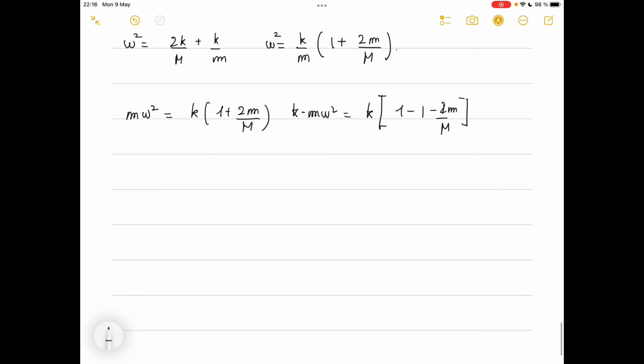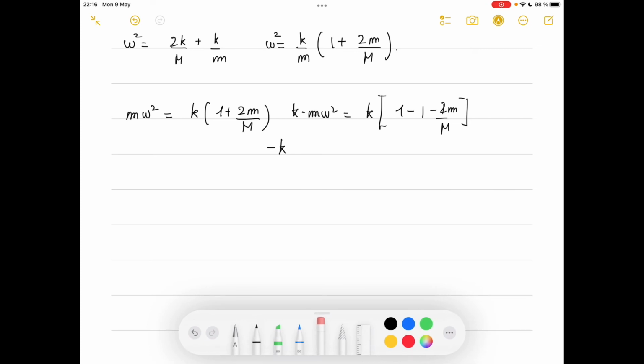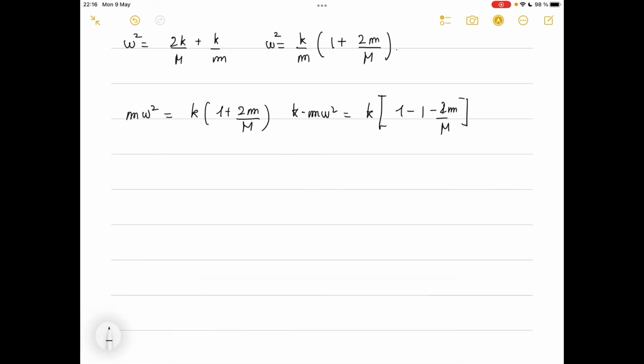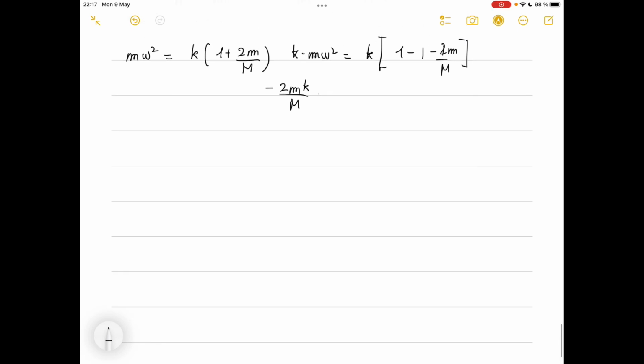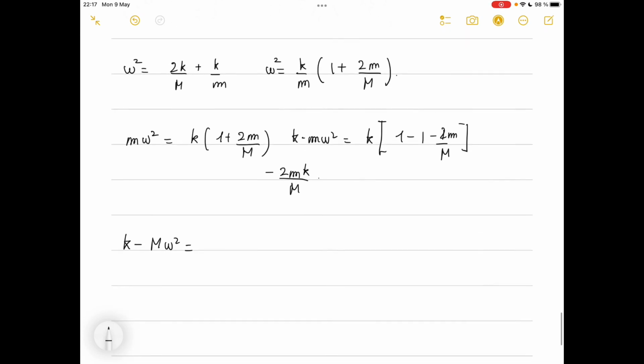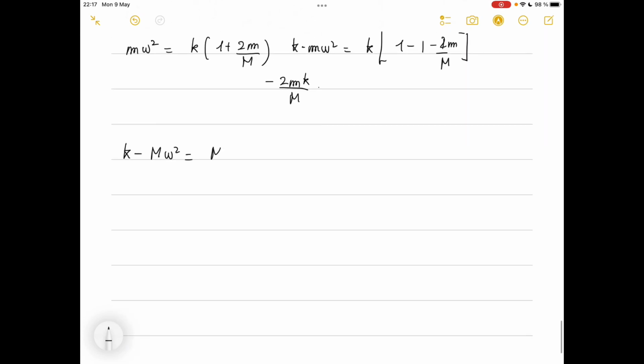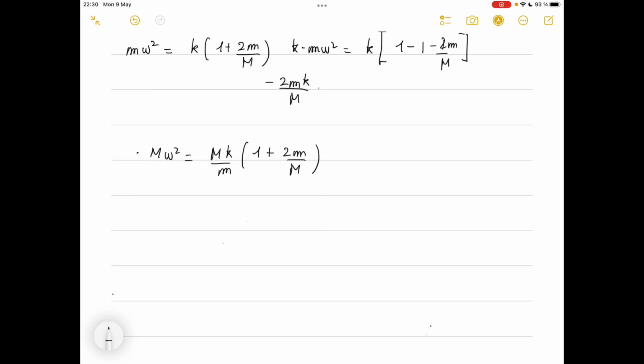So that just becomes minus 2m k over big M, and k minus big M omega squared is just going to be mk over m times (1 plus 2m over big M). I got rid of the k that was over there, because that's not the case.